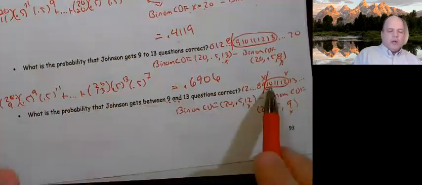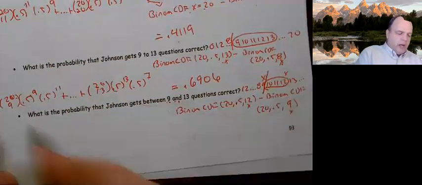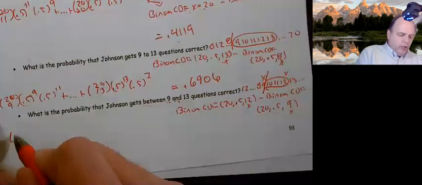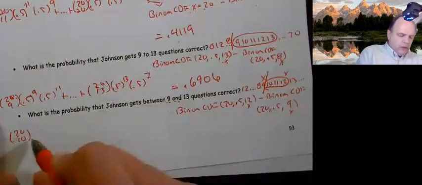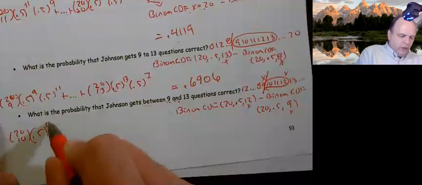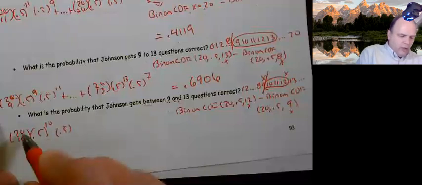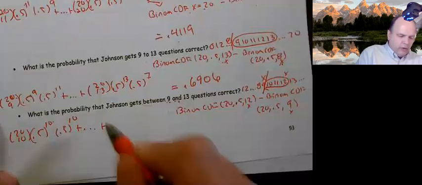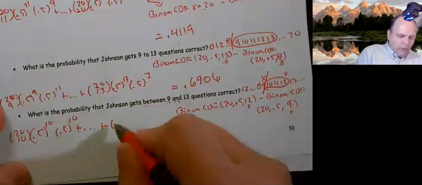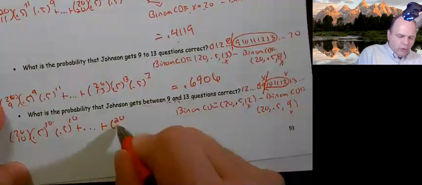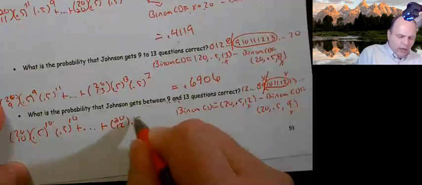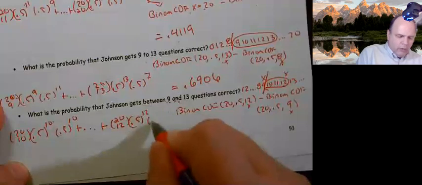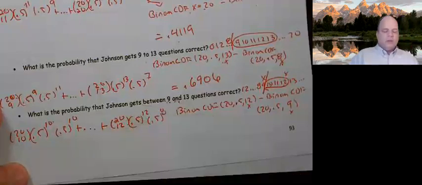Once again, showing our work. Sum of the lowest all the way to sum of the highest. So 20 choose 10, 0.5 to the 10th, 20 minus 10 is 10, plus ... plus 20 choose 12, 0.5 to the 12th, 0.5 to the 8th.